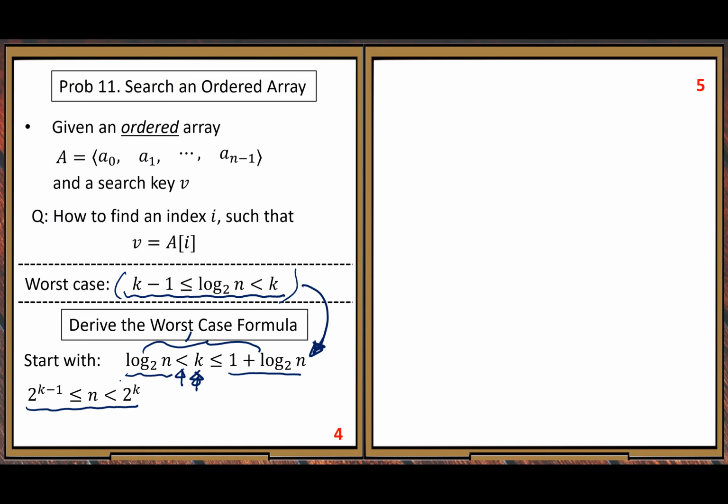Look, why do we switch back to the exponential expression? The reason is log base 2 of n is a non-integer, right? Non-integer. And look at the expression here, we have integer expressions everywhere.